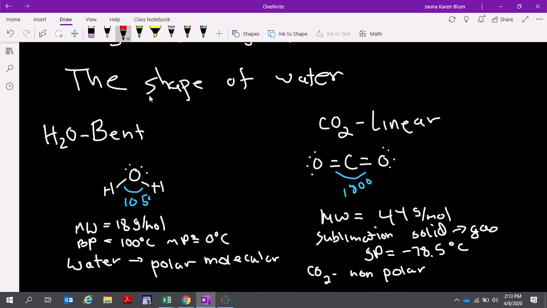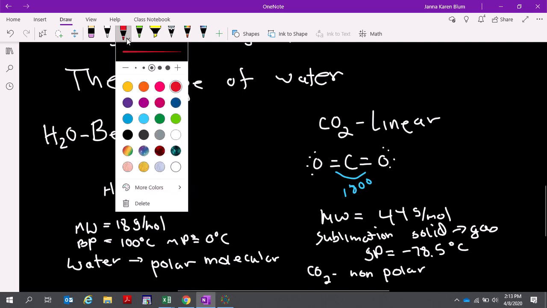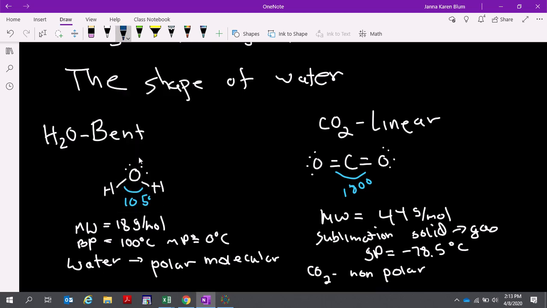Electronegativity means it really likes electrons. And so it really likes to suck those electrons over. And because of that, it becomes partially negative. So that little delta means partial. So it's not like an ionic compound where it completely rips away the electron, but it is partially negative.